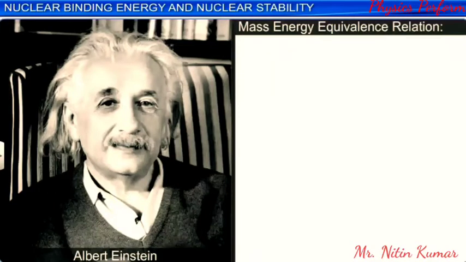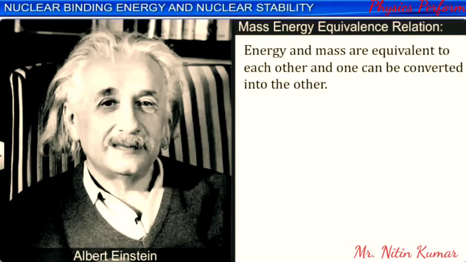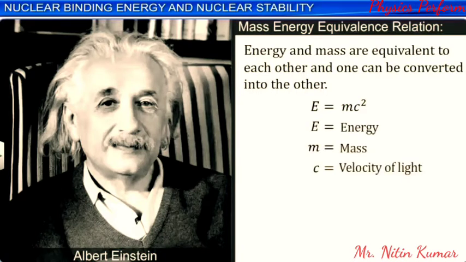According to Einstein's mass-energy equivalence relation, energy and mass are equivalent to each other, and one can be converted into the other. When a certain mass m is destroyed completely, the amount of energy released is given by Einstein's mass-energy equivalence relation as E equals mc squared, where c is the velocity of light, which is equal to 3 × 10^8 meter per second.